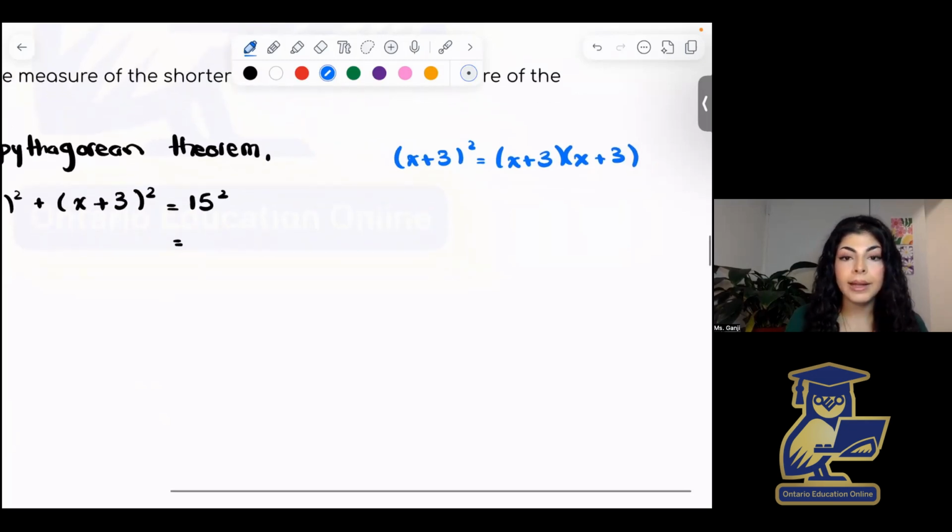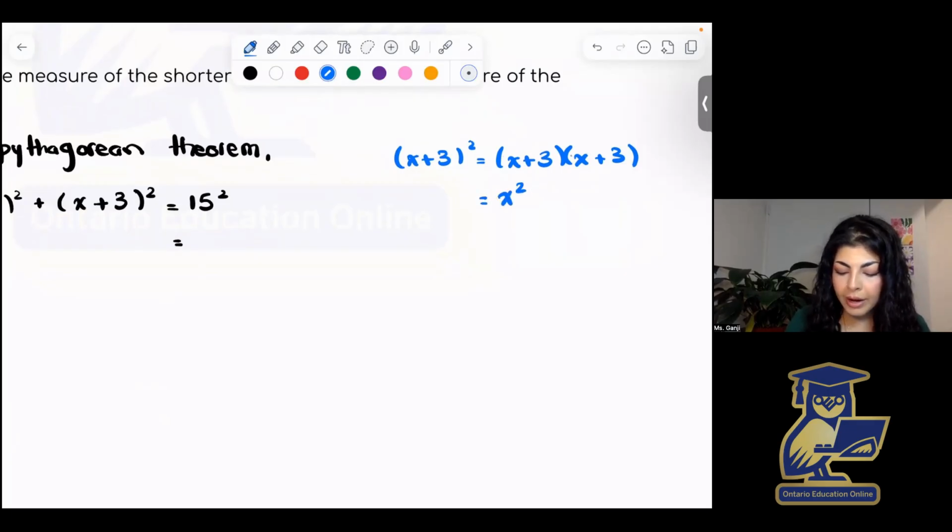And we use a distributive property here. So first multiply x by each of these terms. So x squared, and then x times 3 is plus 3x. And then now multiply the 3. So 3 times x is another 3x. And finally, the 3 and the 3 are 9. And if I simplify this, it's x squared plus 6x plus 9.